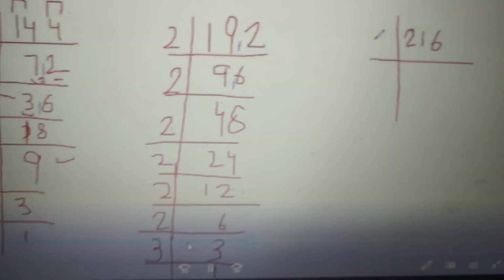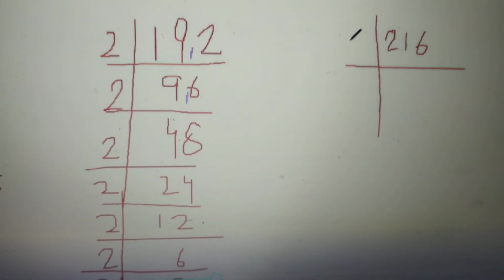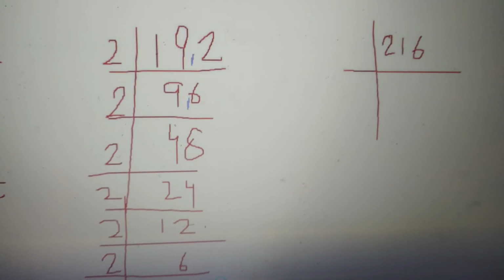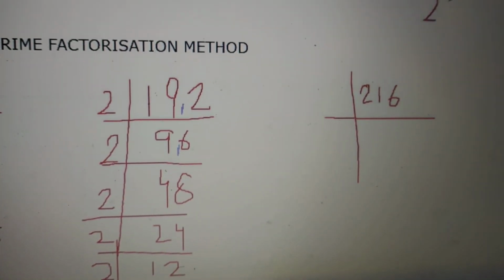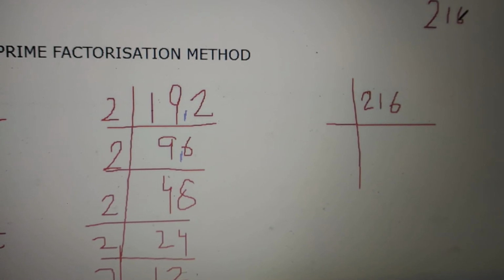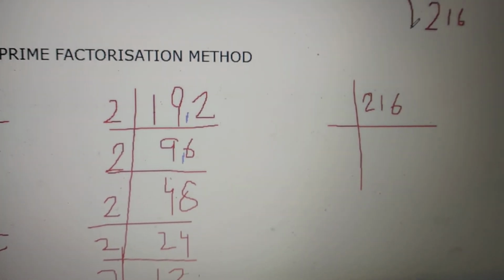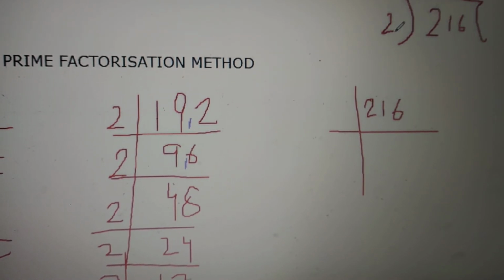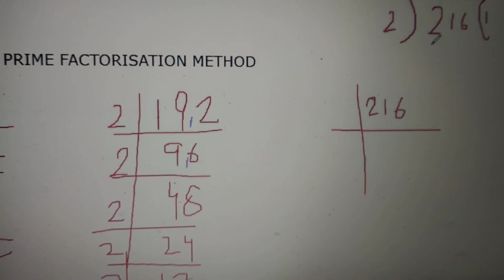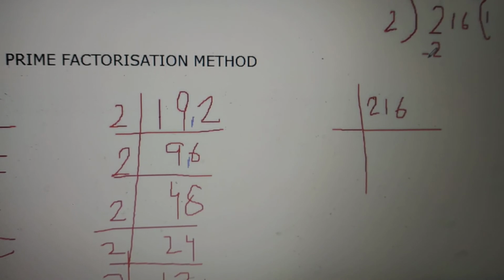Okay. Now I will do the same with 216. Division of 216 by 2 is very important. Usually students make mistakes in this. First of all I will do it your way, the way you do it. 2 1s are 2, minus, got 0.